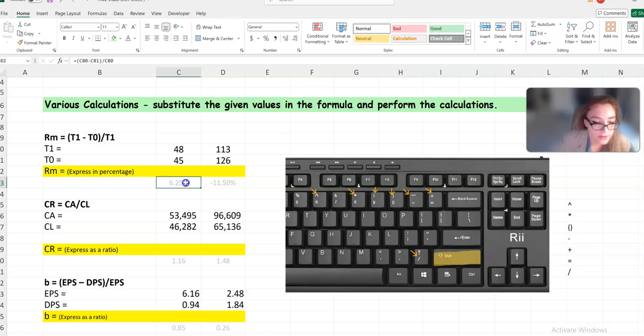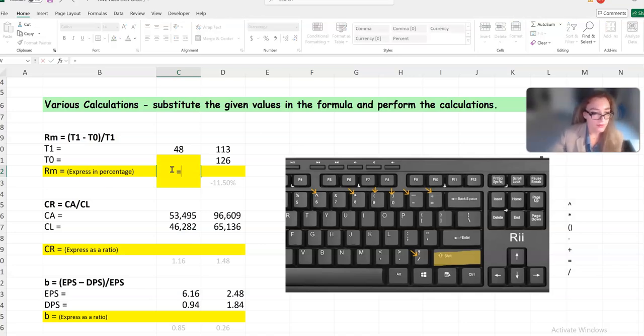So here are the right answers, and if the calculation that we have here is the same as this answer, we're doing really good. So let's try to do this. In order to calculate anything, we need to use the equal sign. So left mouse click on a cell, then press the equal sign, and then start writing the formula.